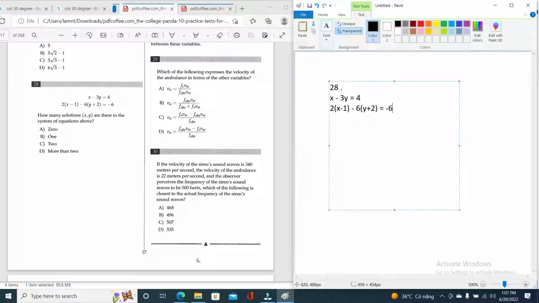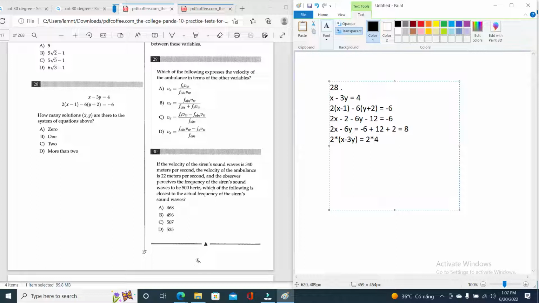Alright, so the second equation is 2x minus 2 minus 6y minus 12 equal to negative 6. Alright, so 2x minus 6y equal to negative 6 plus 12 plus 2, which is 8. So this is actually 2 times (x minus 3y), and on this side 2 times 4.